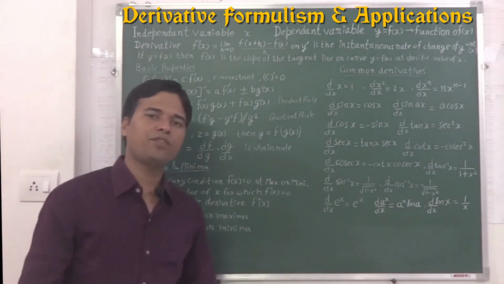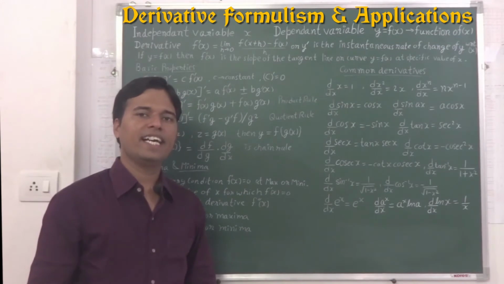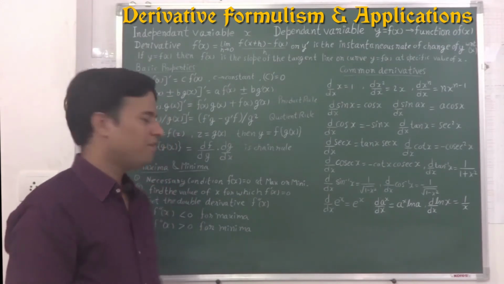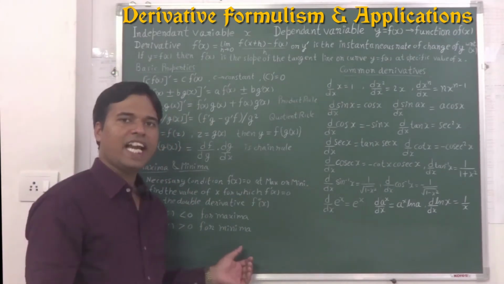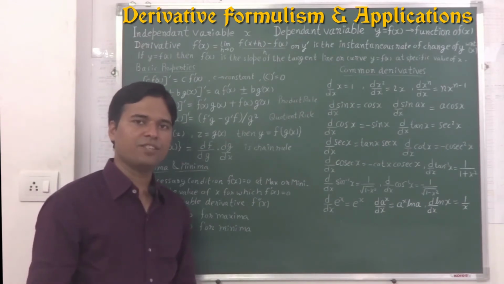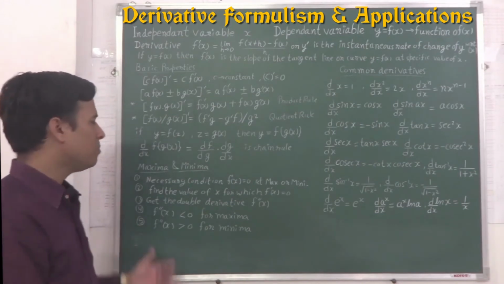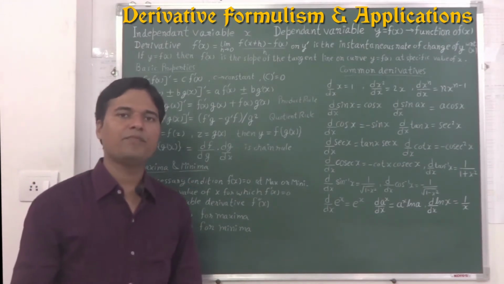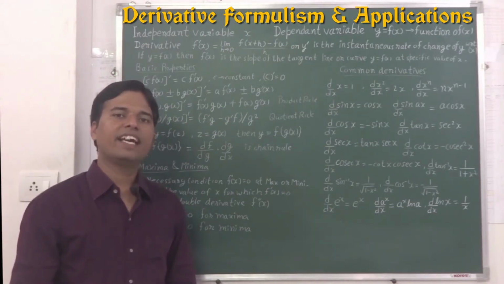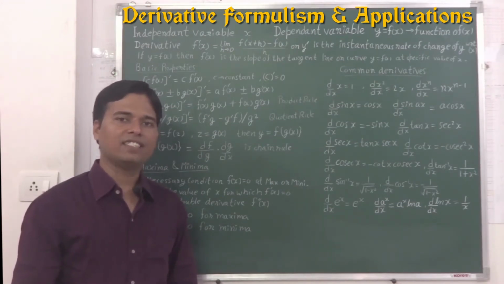Dear students, before applying these rules in derivatives, we will first learn the applications of derivatives. This is an important application of derivatives by which we can get maxima and minima of any function in the given range.